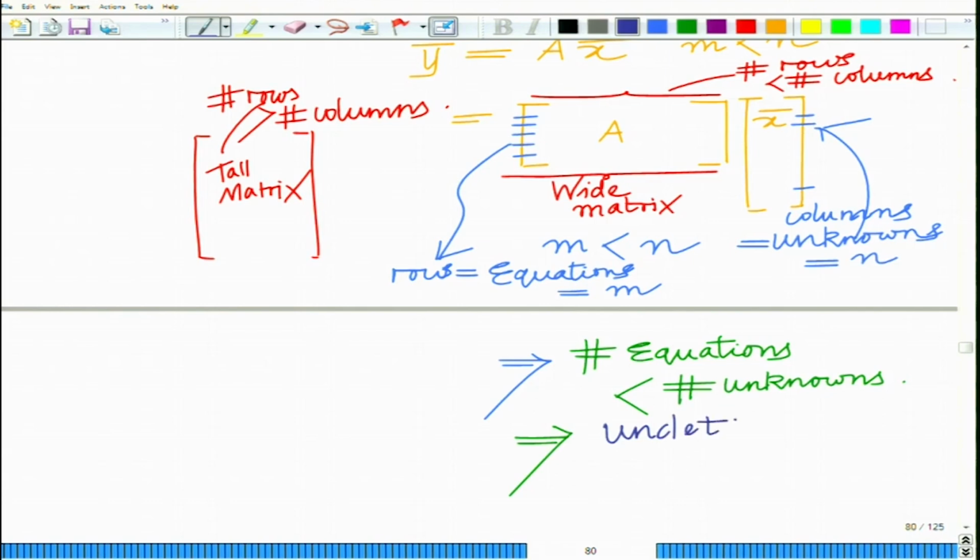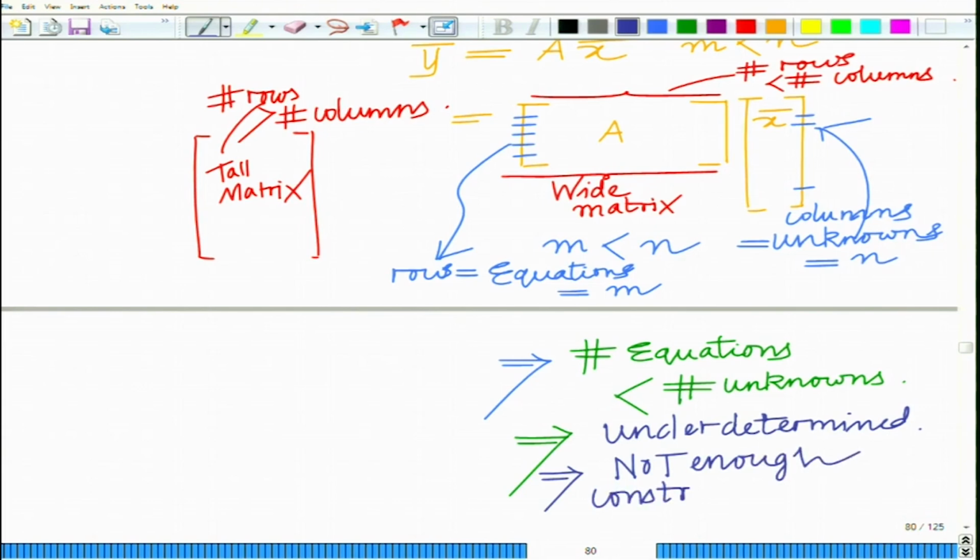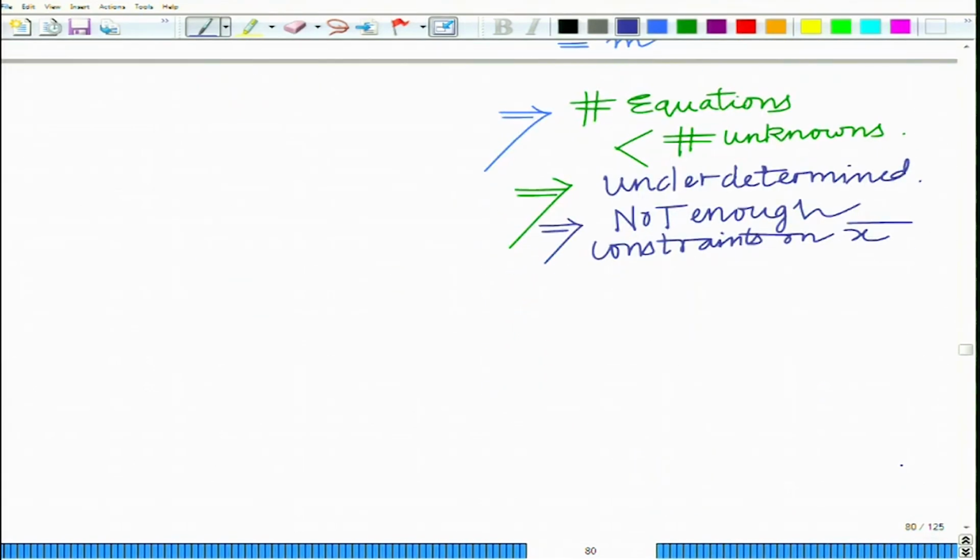There are not enough constraints on x bar. And when the system is underdetermined, that is, there are not enough equations, there are only m equations but n unknowns.